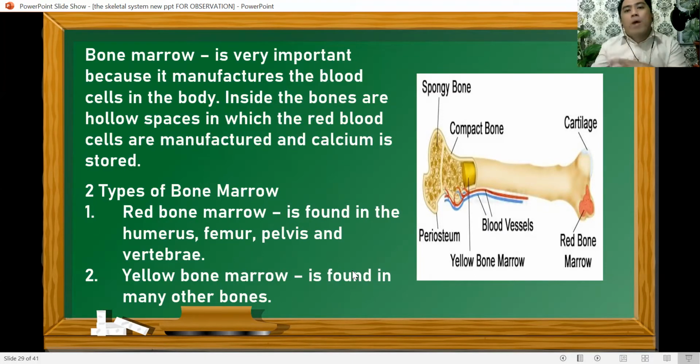So, yung yellow bone marrow naman makikita sa ibang mga buto. Okay, pero yung red, doon lang siya sa humerus, sa femur, sa pelvis, and sa vertebrae or sa spinal column or sa backbone. Yan. So, pwede natin yung tawagin si vertebrae na spinal column, backbone, yan, or vertebral column.